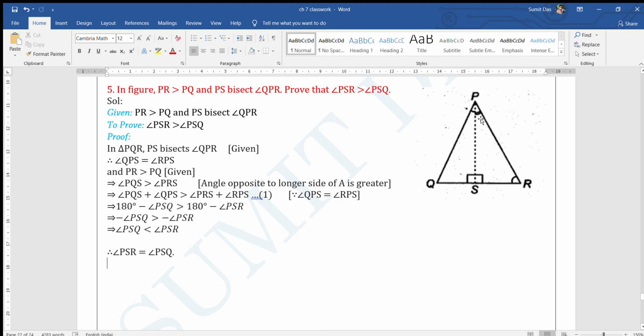Okay, we have to prove PSR, PSR means this angle, and PSQ. PSR greater than PSQ. Okay, for this one, just wait a minute, I will draw a figure. This figure is not appropriate.